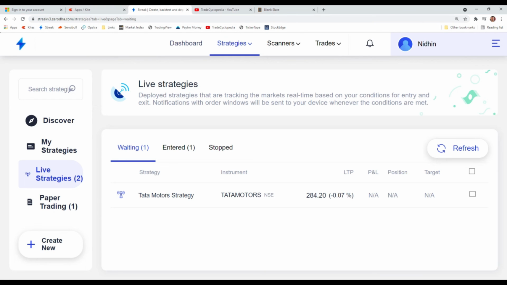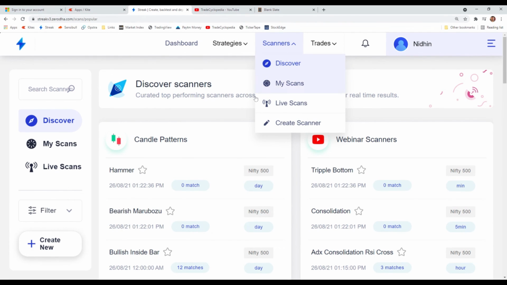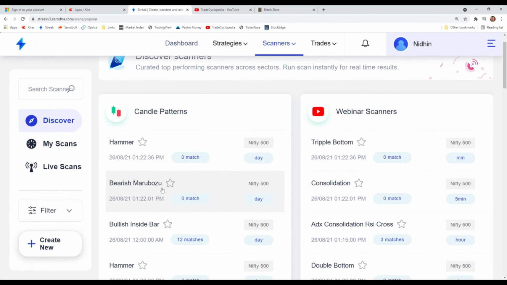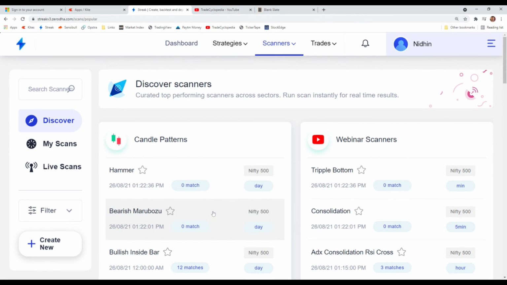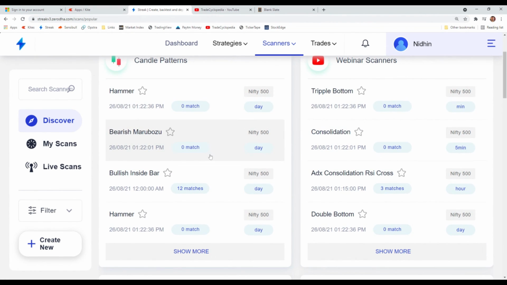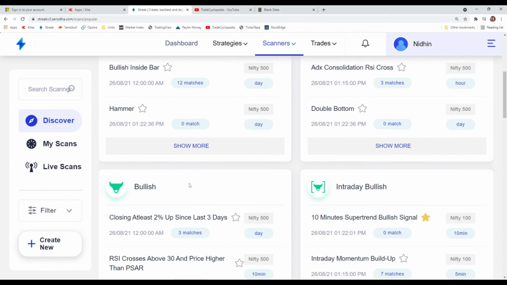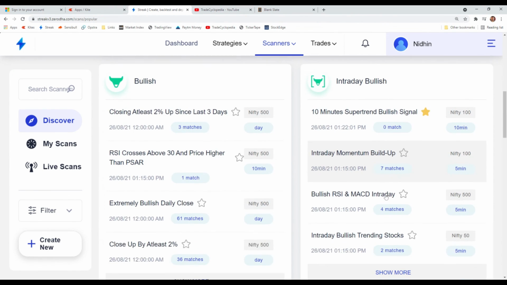This is the normal interface of Streak. And as I said before, we have scanners. If I go to Discover Scanners, there are a lot of default scanners. We can create any number of customized scanners as well. These are the different types of technical analysis patterns. We have other things like trend minutes, super trend, bullish signals, momentum build up strategy.